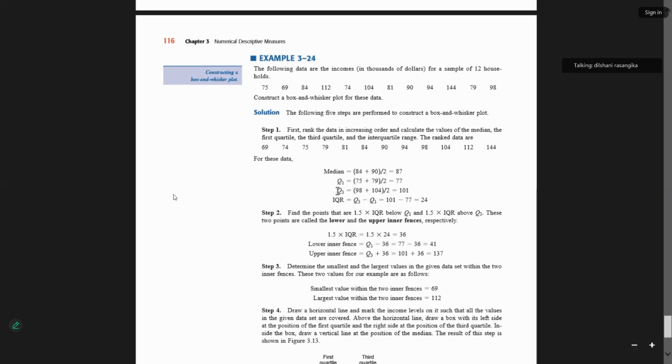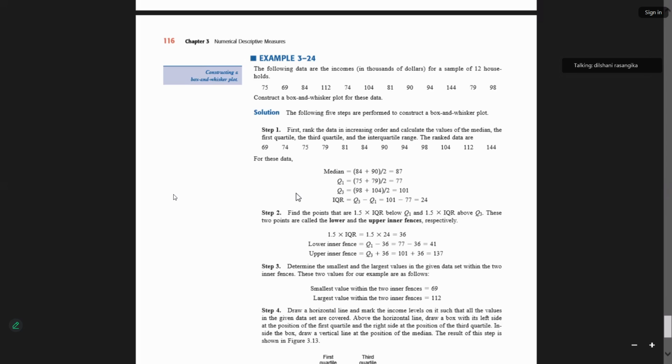Then you need to find Q3, right? Median, Q1, Q3, and IQR, the interquartile range. You need to find the interquartile range. This is the first step. If you need, you can note it down. If you need to draw a box and whisker plot, what is the first thing you need to do? Order your data set and then find the median, Q1, Q3, and IQR, right?